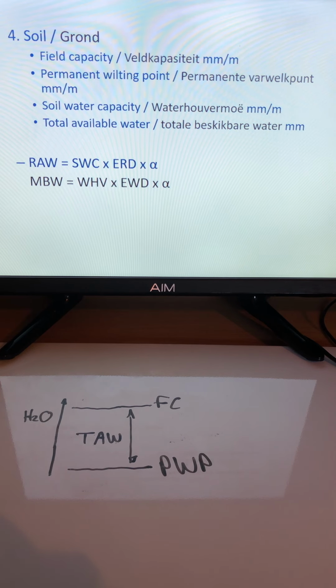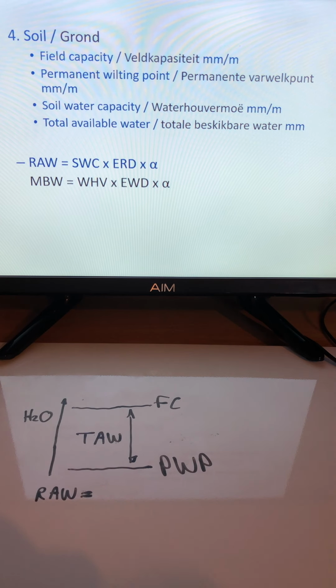So soil water capacity refers to the size of your soil reservoir, and then total available water is that water that's available between your field capacity and permanent wilting point. So at the bottom here, we see this formula, and that refers to your readily available water, in Afrikaans, maklik beskikbare water, and that is basically the water that's available to your plant.